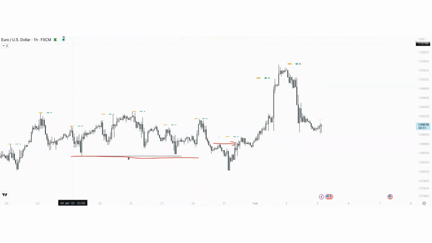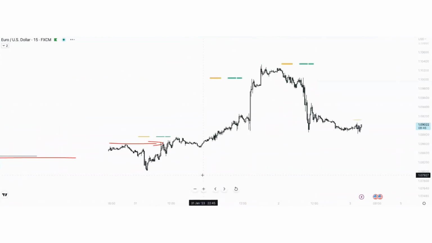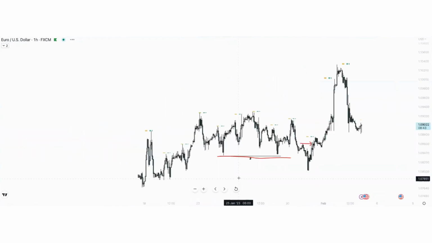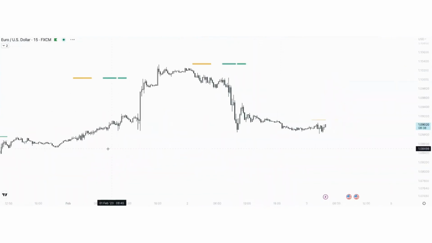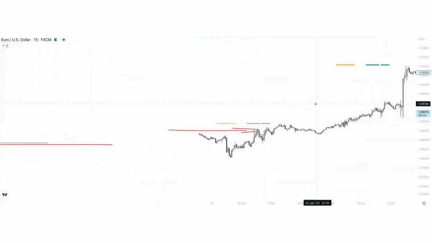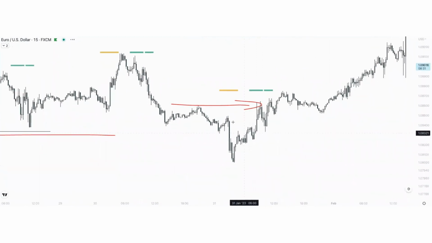We really want to have a confirmation, but when you look at a lower time frame like 15 minutes, you will see a lot of movement around that area. As you can see here, it pushes to the downside, right?